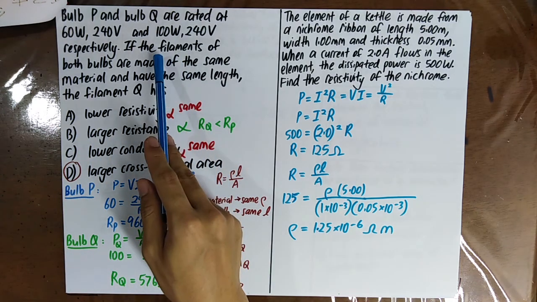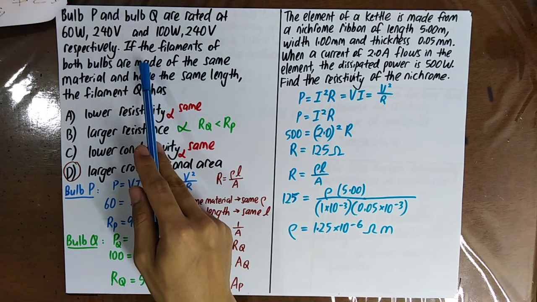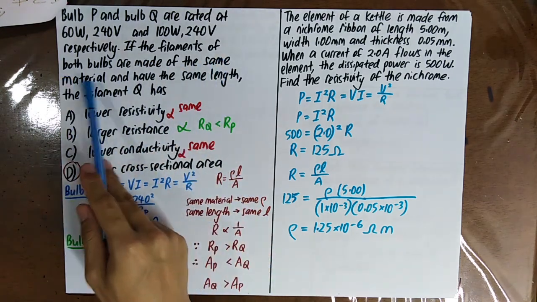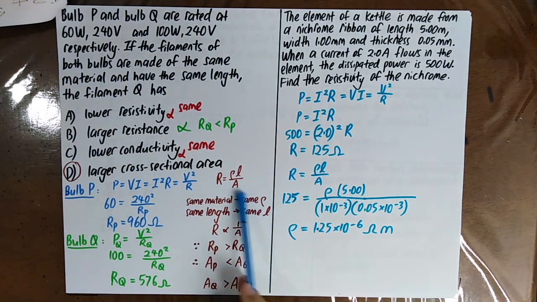And then in the question, it states that we use the same material. Therefore, if you are using the same material, then of course the resistivity is still the same, because resistivity only depends on type of material and also temperature.